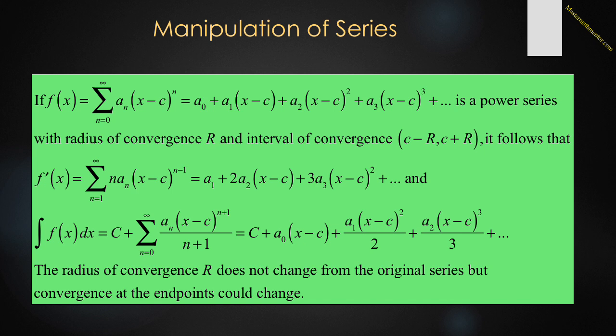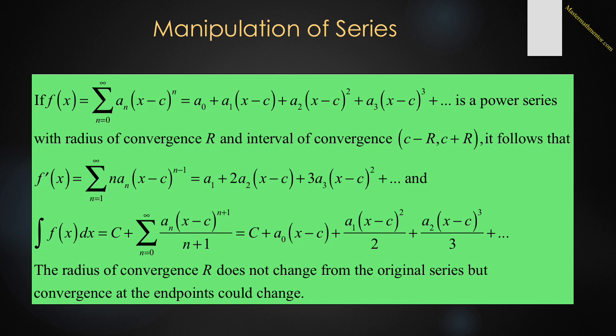We know we can expand this as a sub 0 plus a sub 1 quantity x minus c plus a sub 2 quantity x minus c squared plus a sub 3 quantity x minus c cubed. And that has a radius of convergence r and an interval of convergence c minus r to c plus r.